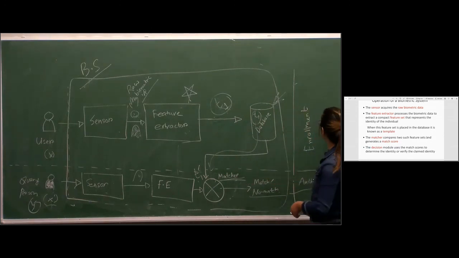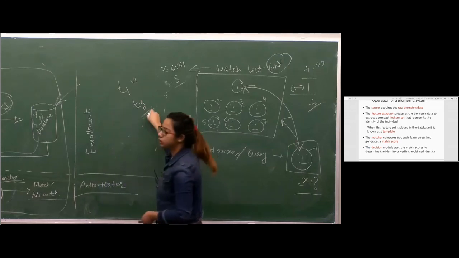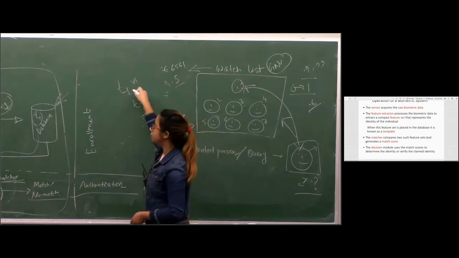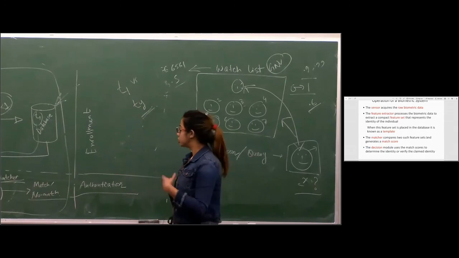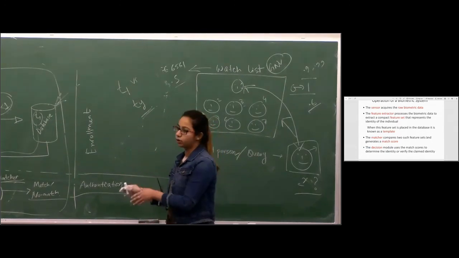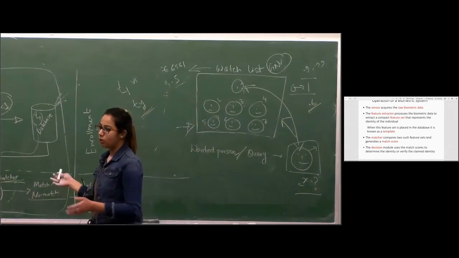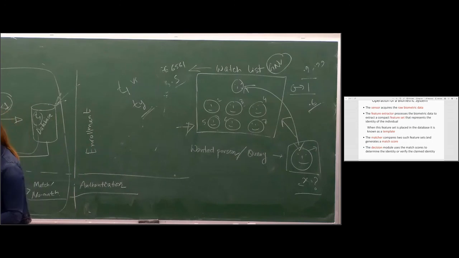So whenever you will try to match T1 versus suppose TY is my new query data, the matching score will be very poor. So that's how you will not be authenticated anymore and the device will block you from using it. So this is the general system, how any biometric system actually works.